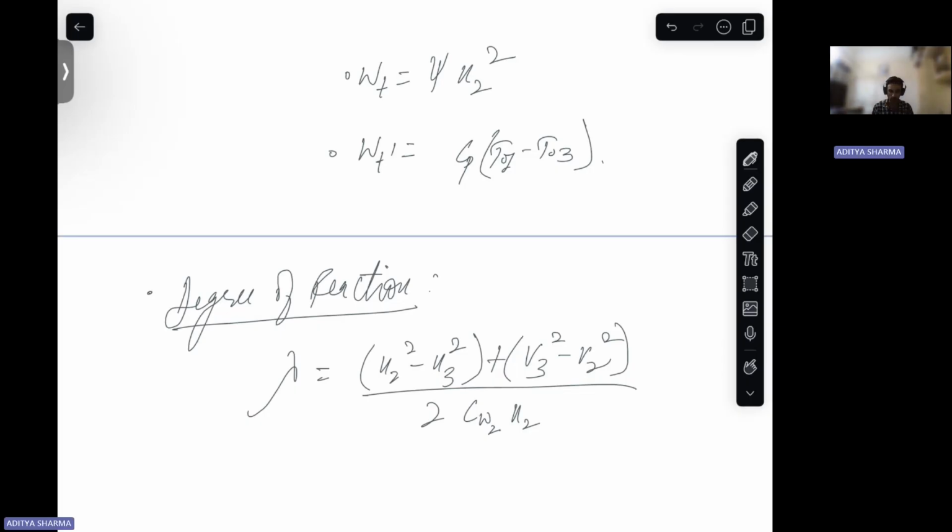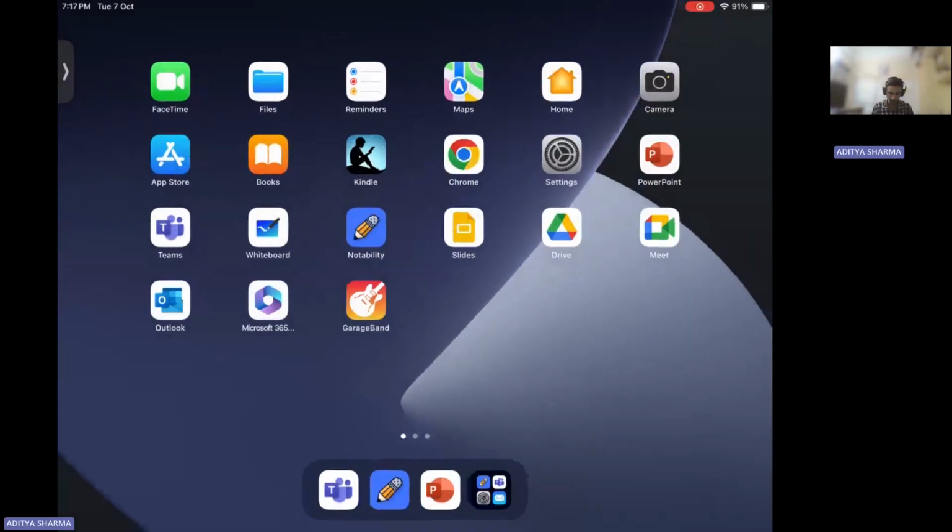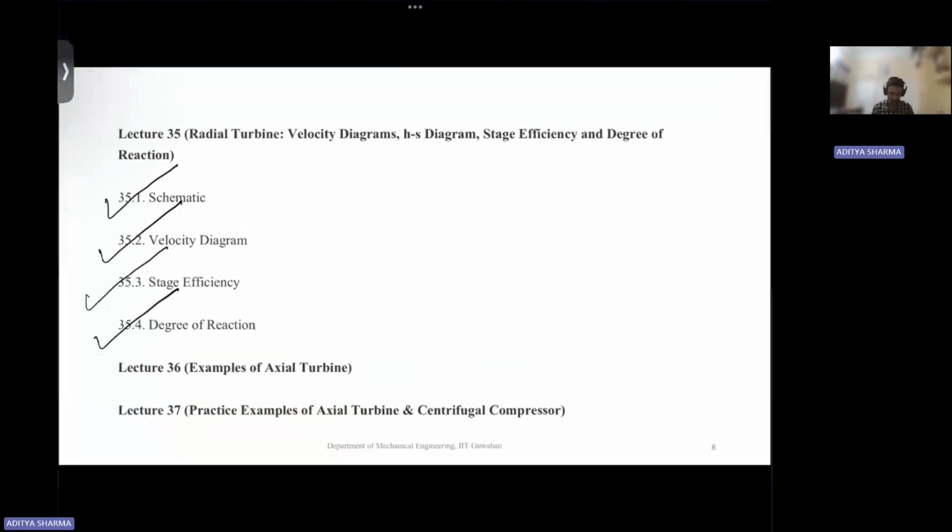Then moving on to questions. So this is about your radial flow turbines. The two velocities are important here. One is your radial velocity and second one is your tangential velocity. In your axial flow turbines, again, two velocities. One is your tangential velocity and one is your axial velocity. Okay. Yes.